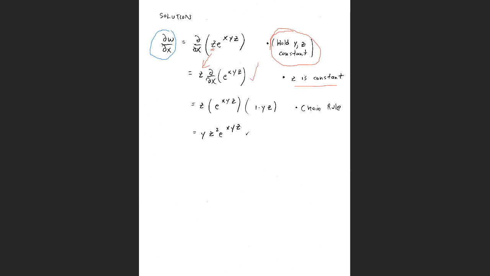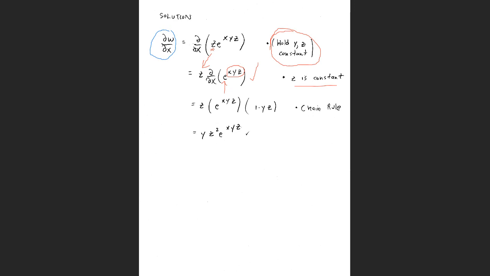Now I take the partial derivative of this function, and I'm going to use the chain rule. There are two functions. The outer function is the exponential function, and the inner function is x times y times z.